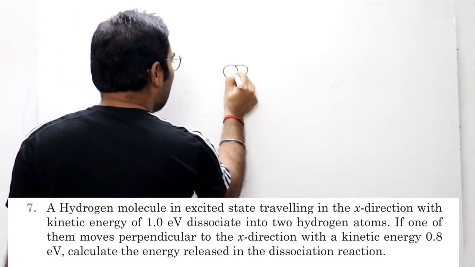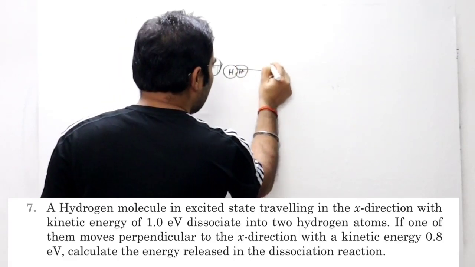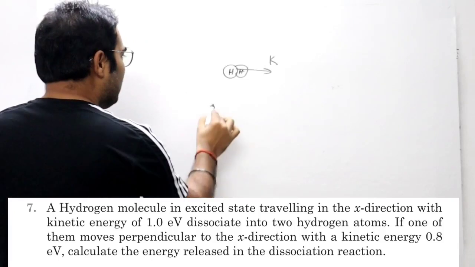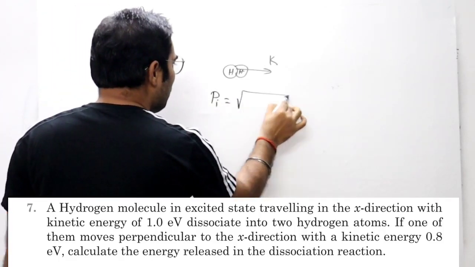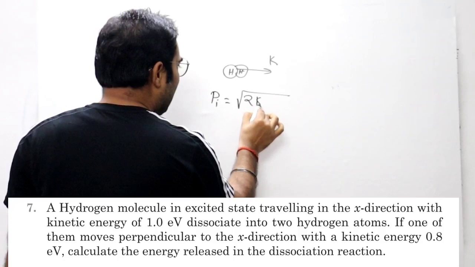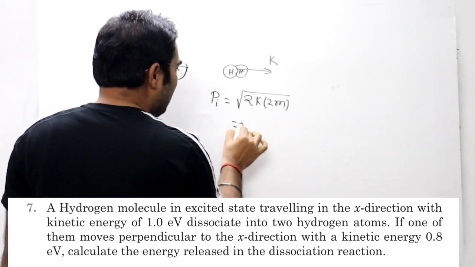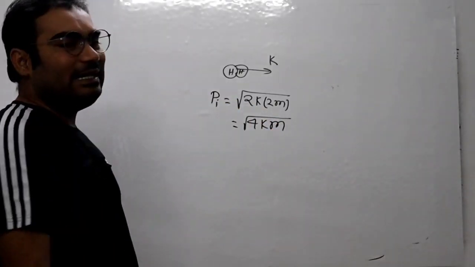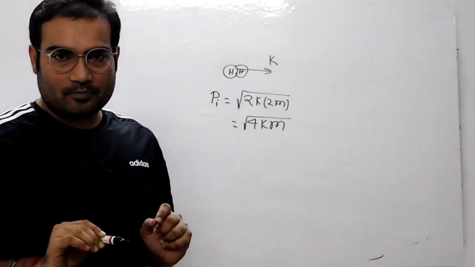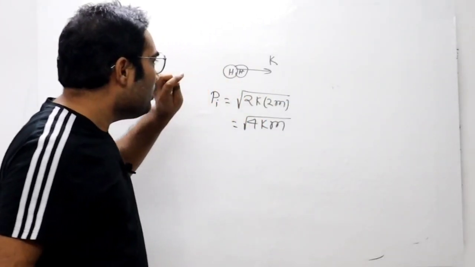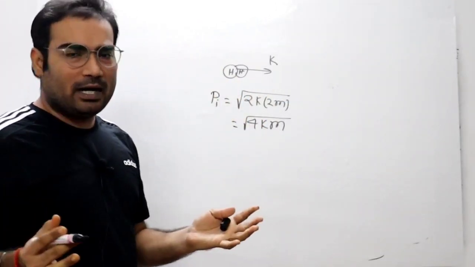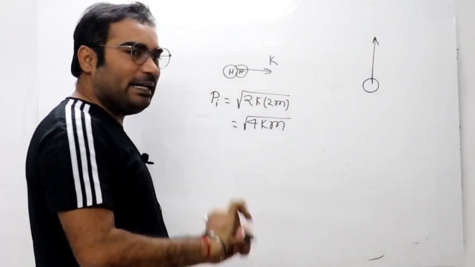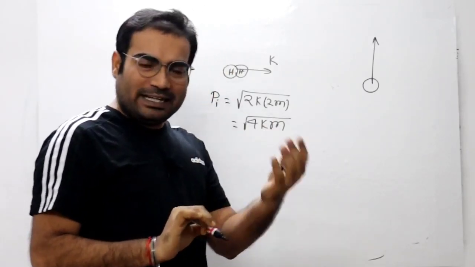This is the system of two hydrogen atoms moving with some kinetic energy. If you convert this kinetic energy into momentum, then the initial momentum of the system is root under 2Km, where the mass is 2m, that is root under 4Km. During motion, this system breaks into two parts, and one part starts to move in the y direction, perpendicular to the initial motion.